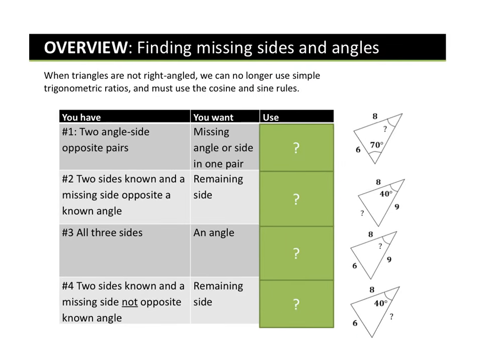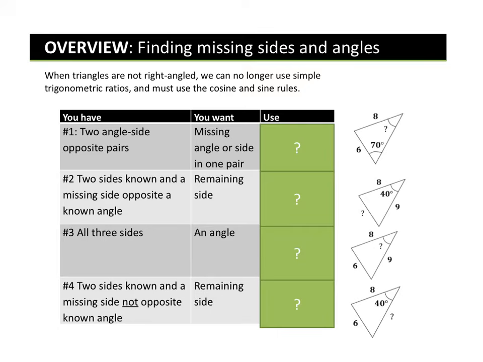So then, we have an overview. There's pretty much 4 rules. Now, I don't really like to talk about rules because we need to have an understanding, but this is going to help you. So, if we do not have a right angle triangle, we cannot use SOHCAHTOA. We have to use either the cosine rule or the sine rule. So, there's, in theory, 4 types of questions that are going to come up, okay?